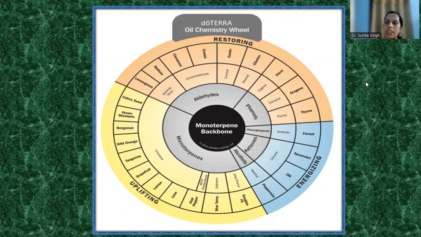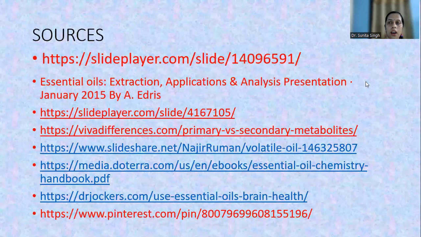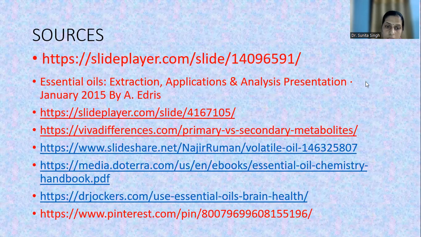So they have divided the whole set of components into three parts: restoring, uplifting, and energizing effects. These are some of the sources, and I think I have given an idea about the chemistry of essential oils, and tried to differentiate it from fixed oil chemistry, and how the major chemical components play an important role in imparting different properties to essential oils.